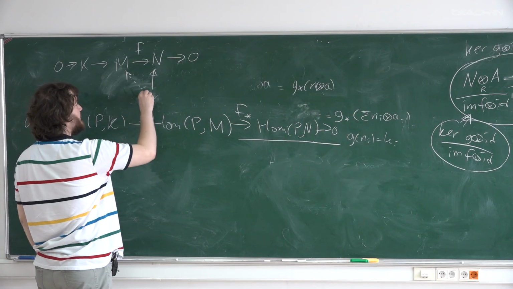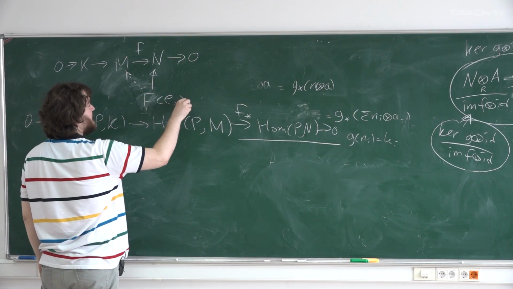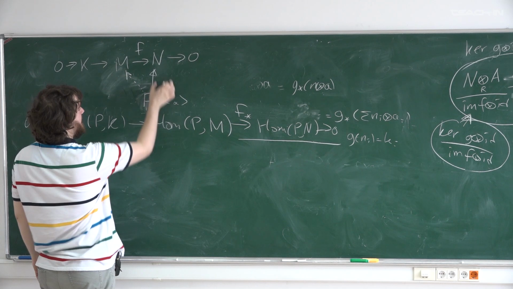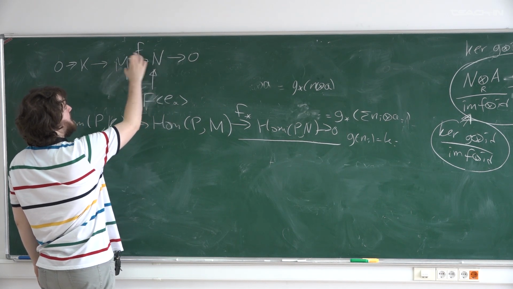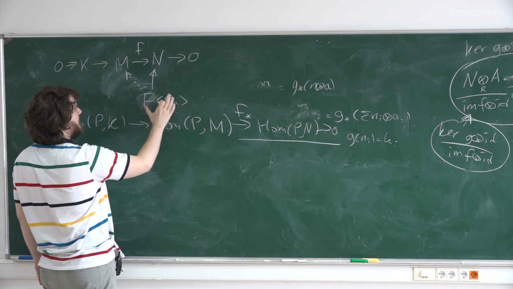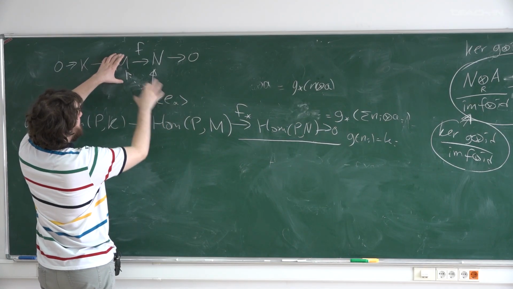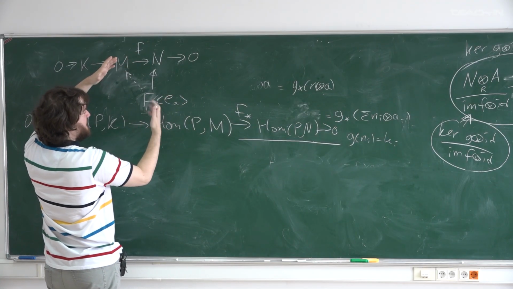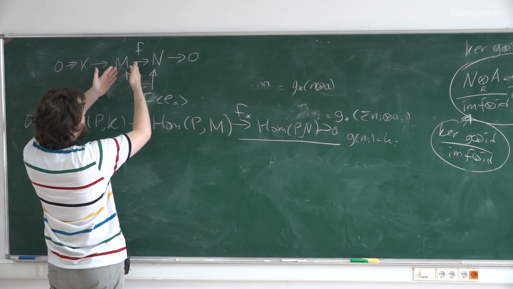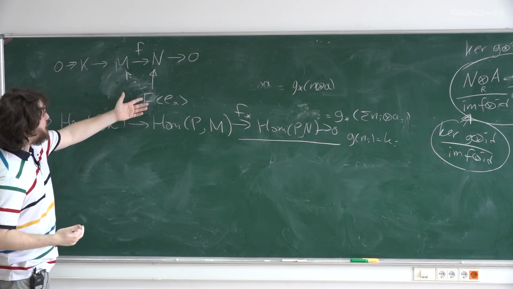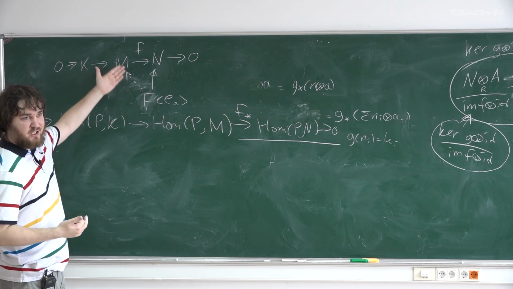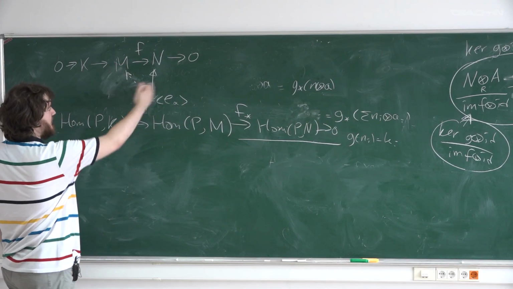If it's a free module with some basis, we have some images of the basis, and for these images we can choose any preimages. Then we obtain a map from the basis to M. But any function from the basis to M uniquely extends to an R-module map from the free module to M. And so a free module is projective.